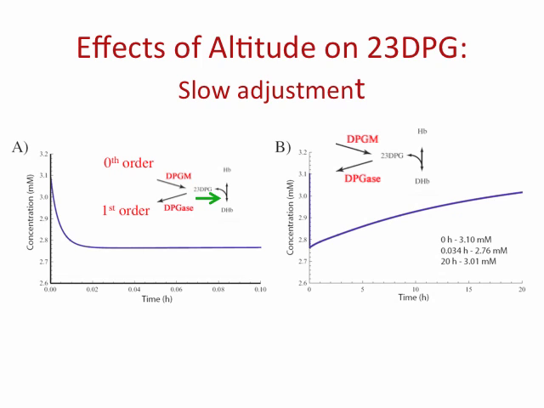And what we are simulating here is the response to the immediate drop in partial pressure of oxygen. And I should note that the DPGase is a very slow first order reaction with a 12-hour time constant or so. And the DPG mutase operates essentially at a constant flux level, as a zeroth order enzyme, a zeroth order reaction.